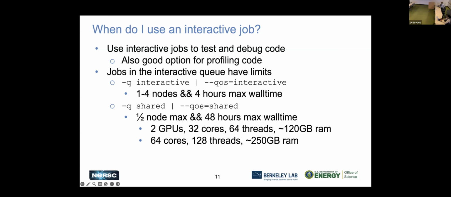Now, if your QoS is shared, then you're able to get a higher number of nodes, higher wall clock time, and you can use half of the node max. So this could be 2 GPUs, 32 cores, 64 threads. So there's a trade-off if you need exclusive access to a node versus you're willing to use shared resources.